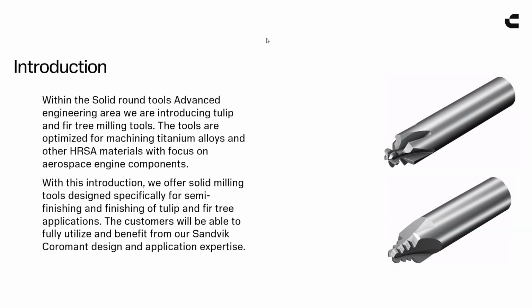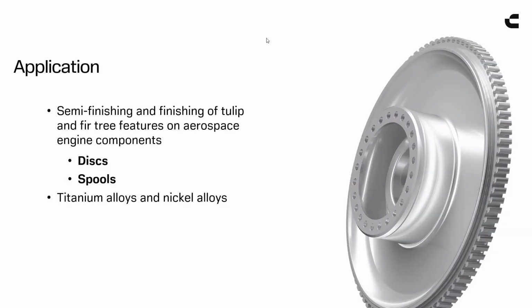We have a program to do fast turnaround of these solutions. We make semi-finishing and finishing solid carbide solutions for fir tree slots. Just something to bring to your attention that we do have solutions for this. They're fast turnaround. We've offered them for years and years, and have a really fantastic competence and experience machining these types of slots.